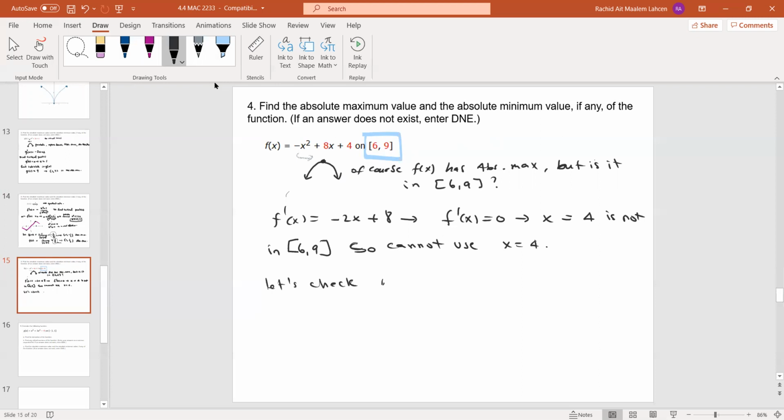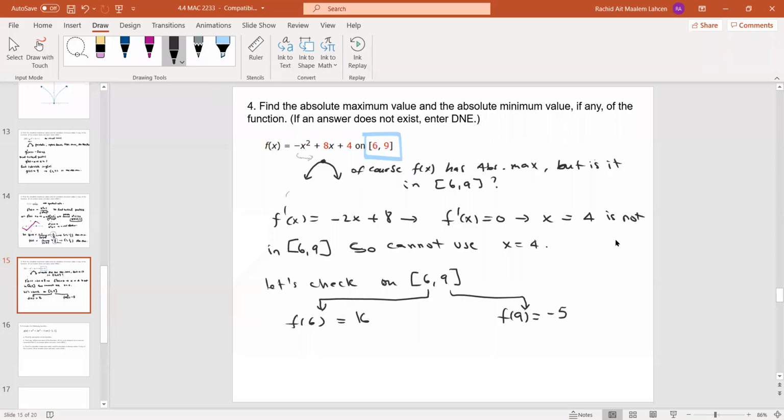On 6, 9, what's happening? Which one is lower? Which one is higher? So if you do f of 6, when you substitute 6 into the function, you should be getting 16. And when you substitute 9 into the function, you should get negative 5.